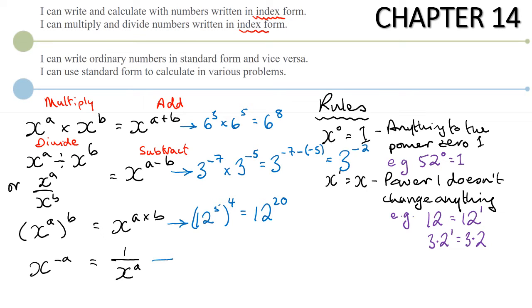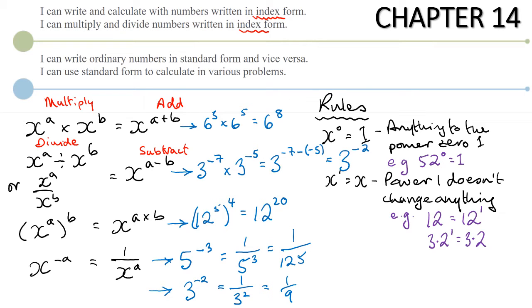If I had 5 to the power negative 3, that will be the same as 1 over 5 cubed, and 5 cubed is 125, so you can write it like this. Here's another one. If I had 3 to the power negative 2, that's the same as 1 over 3 squared, which is 1 over 9.